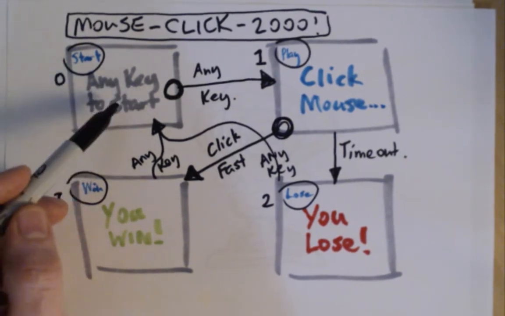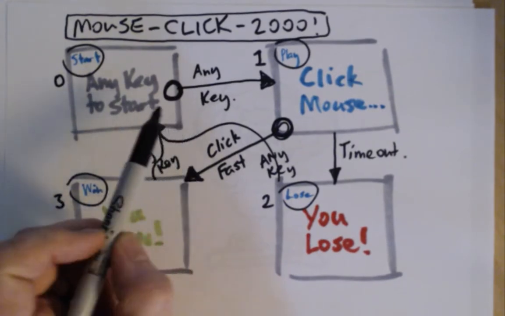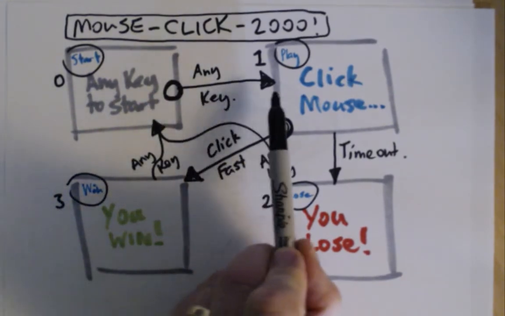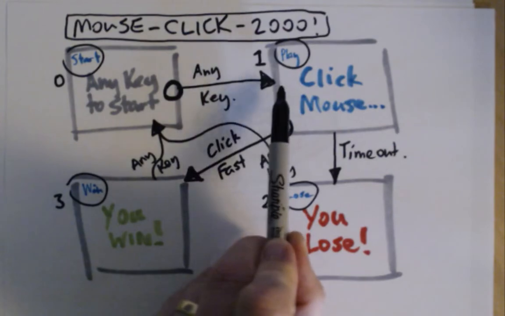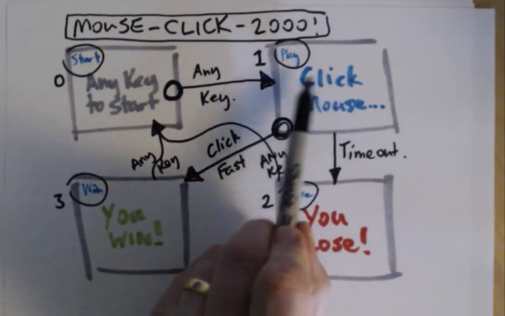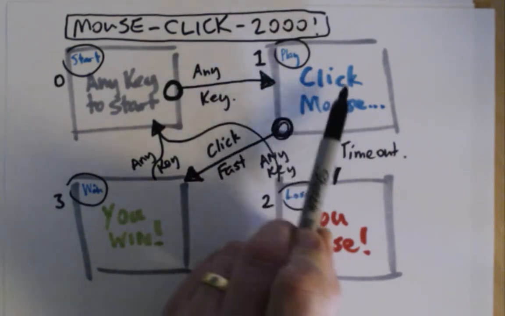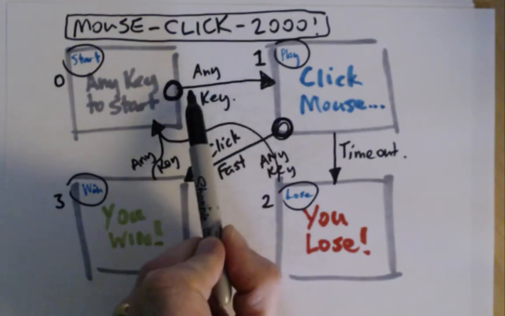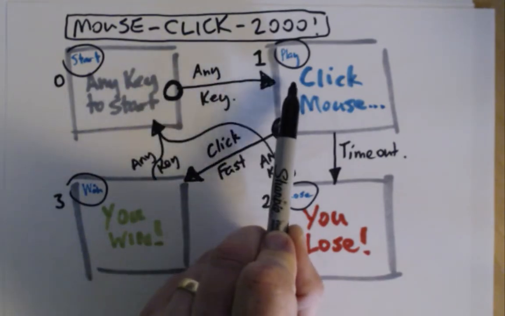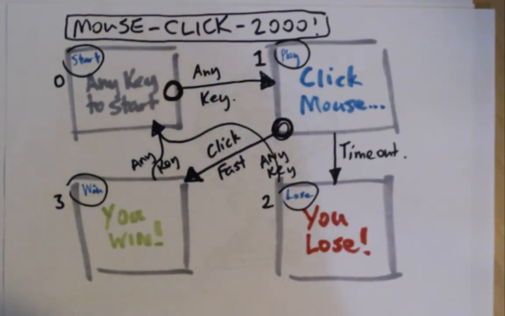We don't want to waste that time on our valuable gameplay. It's probably the instant that they transition into this play state. So as soon as they come from state 0 to state 1, that's when the timer starts ticking, right? So that's the time that we need to record.